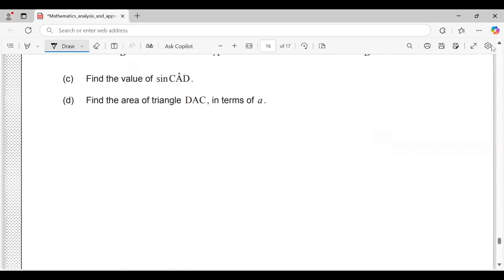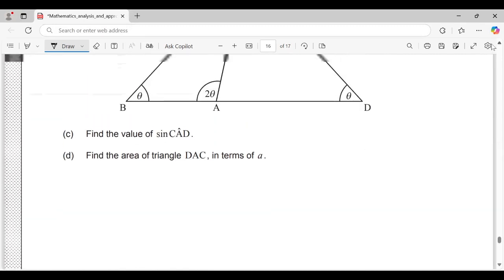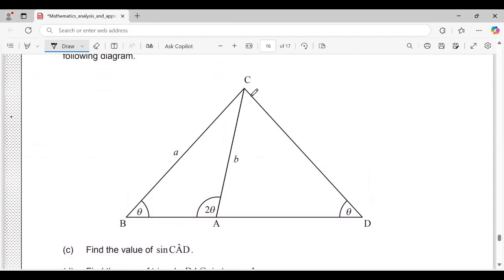Angle CAD and angle CAB are supplementary.